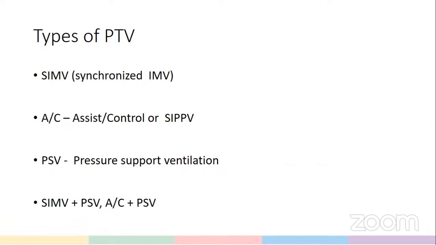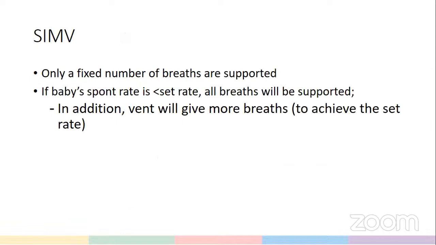Assist control is the name given in the Draeger ventilator, and SIPPV is the conventional name given in some other ventilators. In SLE, this mode goes by the name PTV. The third mode is pressure support ventilation, which uses the principle of flow cycling. We may also use combinations of these modes, like SIMV with pressure support or assist control with pressure support. So let us discuss each of them in detail.